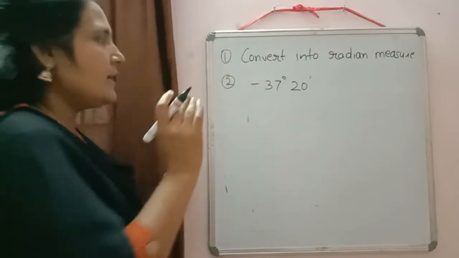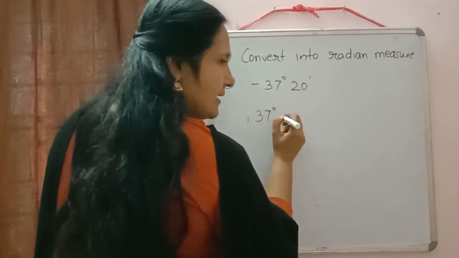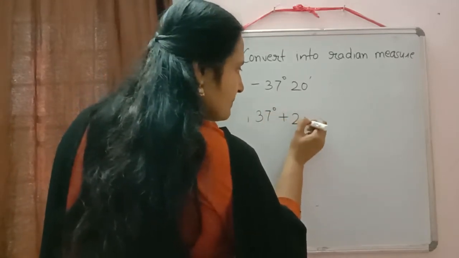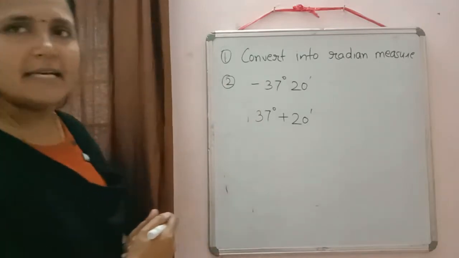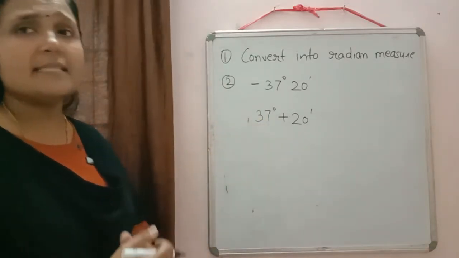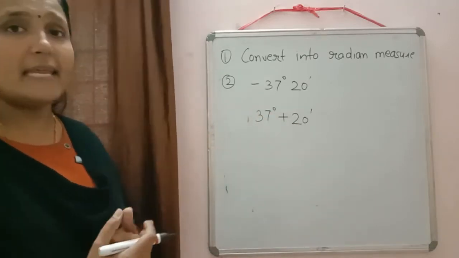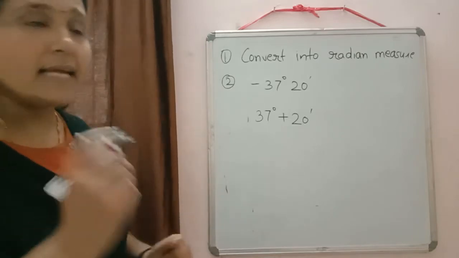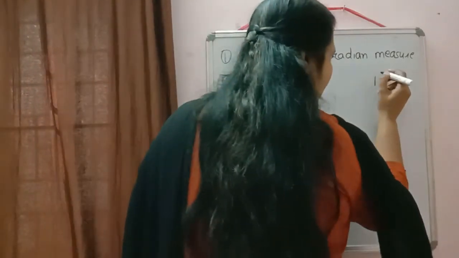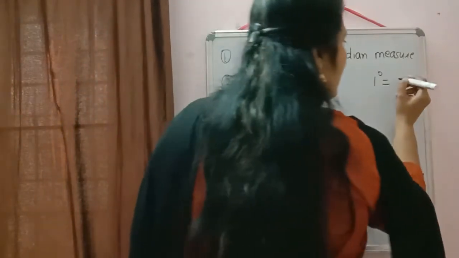Now here we have 37 degree and 20 minutes, which means plus 20 minutes. To do the calculation, the units should be the same. So we have to convert 20 minutes into degree. What was the relation we wrote? 1 degree is equal to 60 minutes.